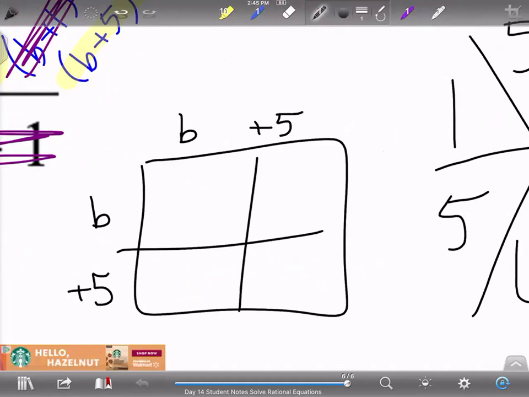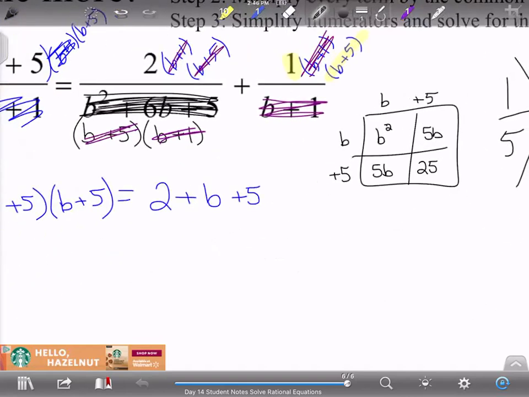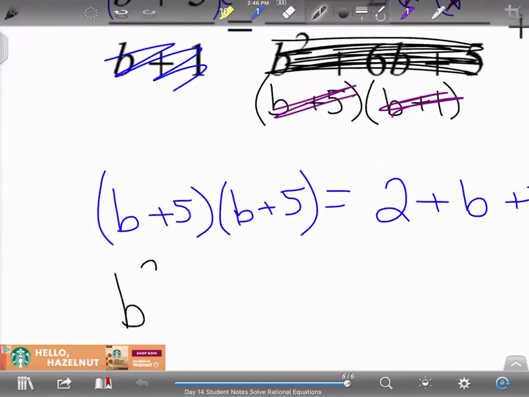So here I'm going to have b times b, which is b squared, b times 5, which is 5b, b times 5, which is 5b again, and 5 times 5, which is 25. So when I go through and combine like terms here, I'm going to have b squared plus 10b plus 25.